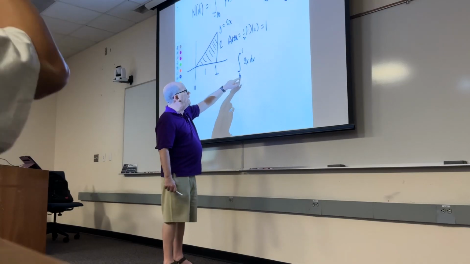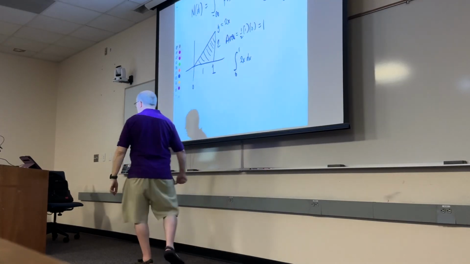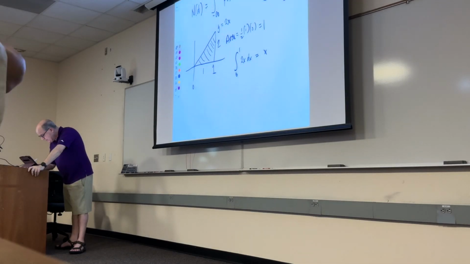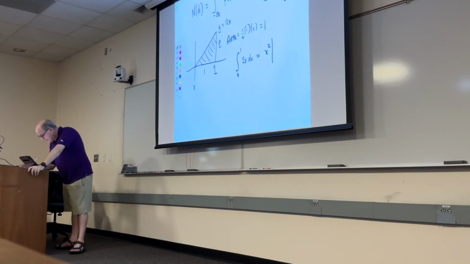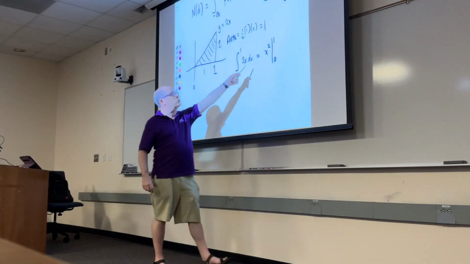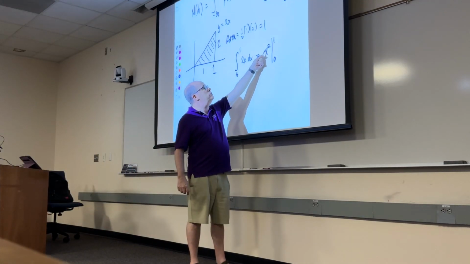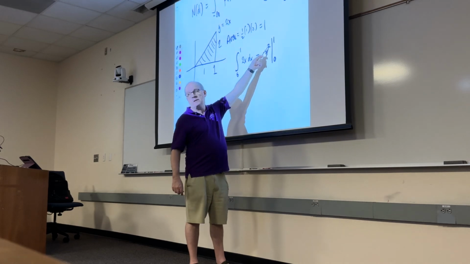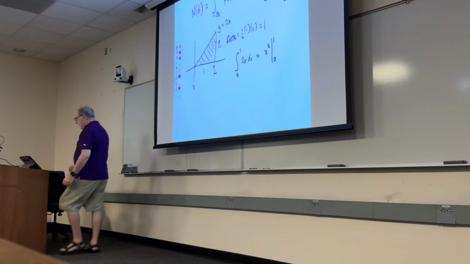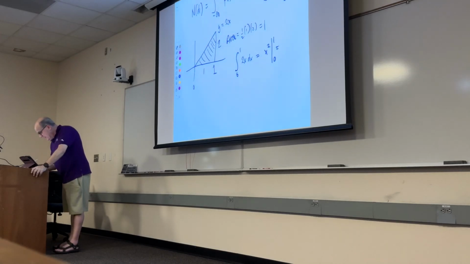If you remember calculus, the antiderivative of 2x is x squared, because the way calculus does it is the 2 comes in front, the exponent drops down, and you get 2x. So evaluate x squared at 0 and 1: you put the 1 in, subtract what you get when you put the 0 in, and you just get 1.